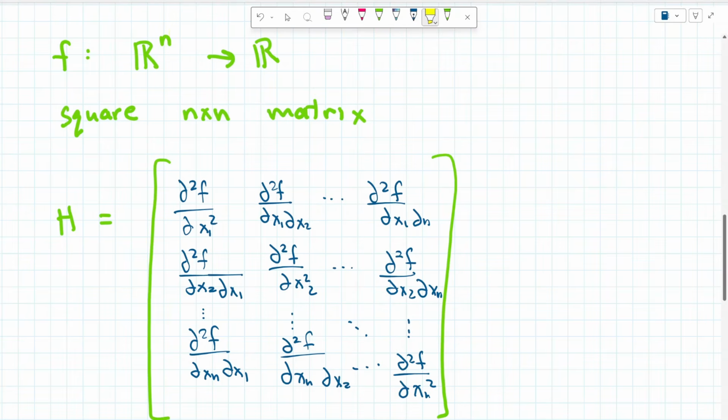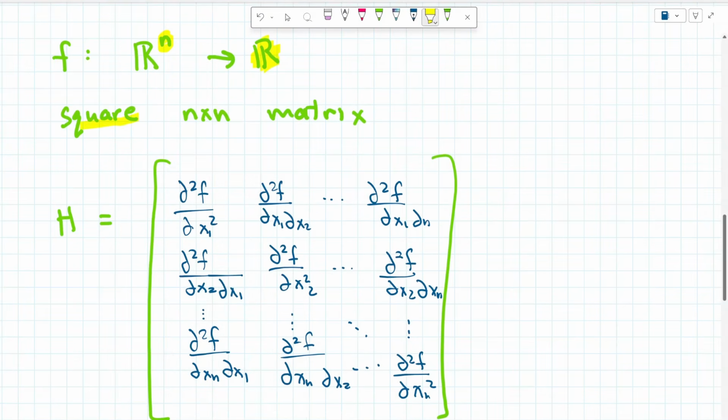Again, you're mapping some function R^n to R, and you will always end up with a square n times n matrix, meaning that you have n rows and n columns. The Hessian matrix is typically denoted simply as H.